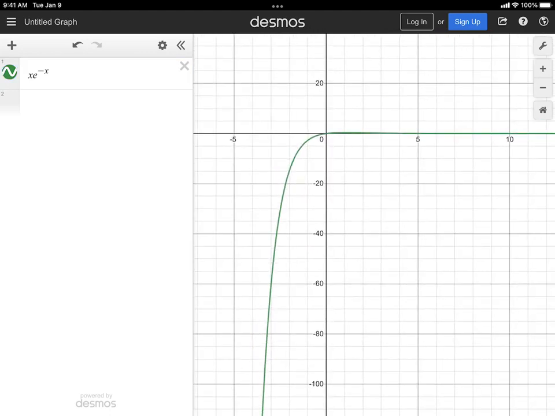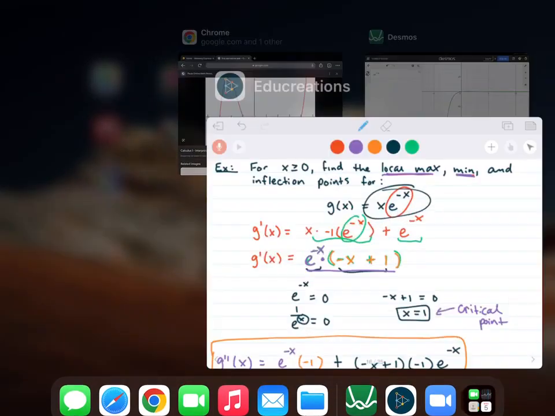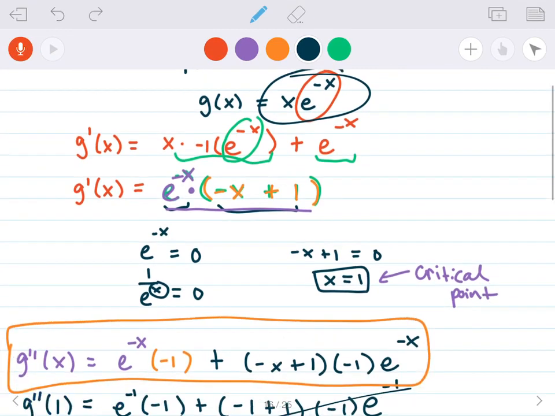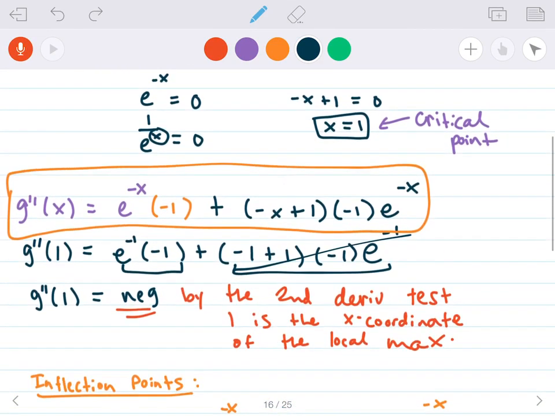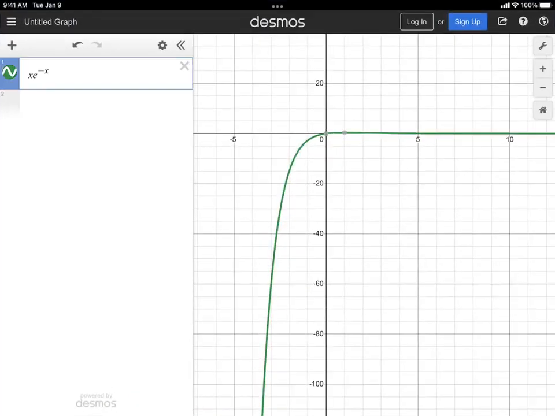So let's go ahead and look at what we found analytically. The first thing we found with the second derivative test is that we have a local max at 1 on the original function. Let's take a look at this.